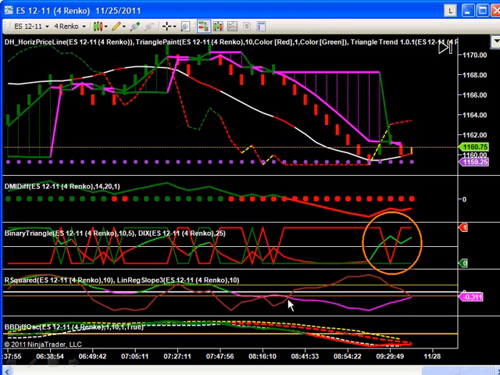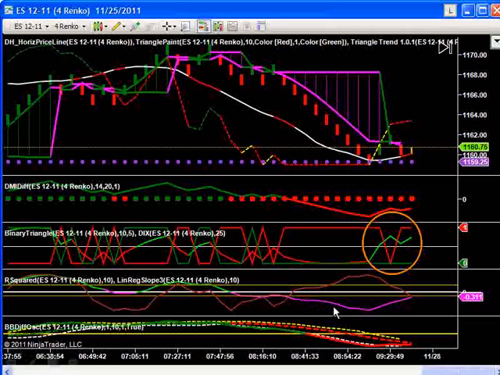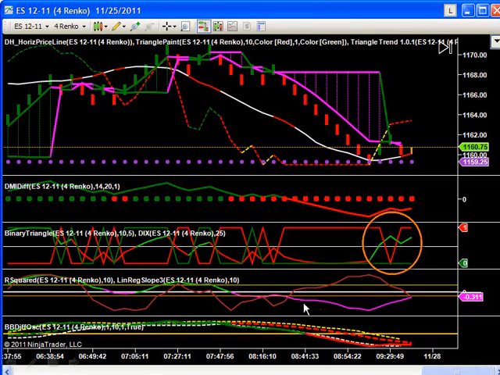The other complementary indicator that you receive is the linear regression slope, or the LRS. The LRS comes with NinjaTrader as well, but it doesn't have a zero line and it's not color coded. So that's why I include it as a complementary indicator when you purchase the package, because I put a zero line in and color coded it.